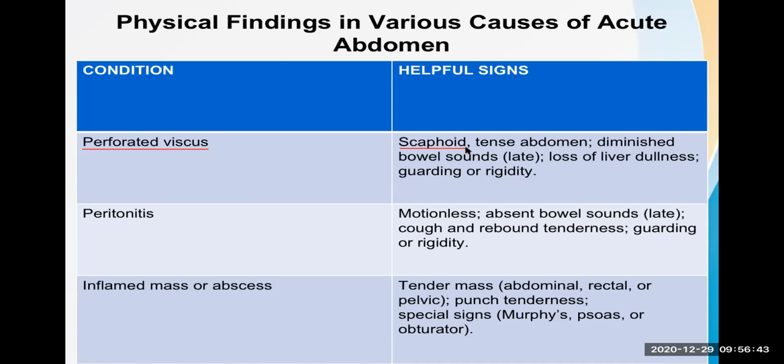So probably because of this, the abdomen is scaphoid only in the beginning. Later on, it will develop peritonitis, and because of that peritonitis, there is collection of fluid in the peritoneal cavity. Then the abdomen may again be distended. It looks very tense, because peritonitis is a part of perforation of the viscus.